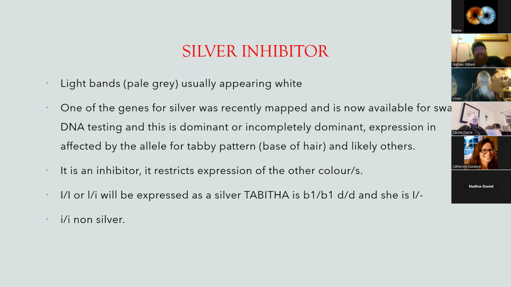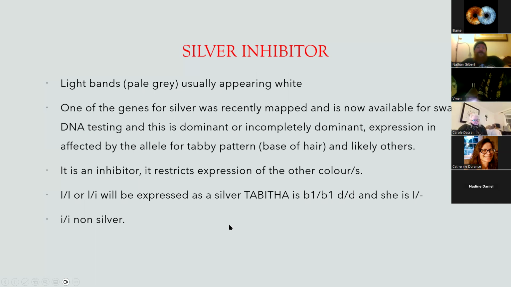And this test may still come back negative because there are still some genes that we haven't mapped yet, that we don't fully understand. We just know this is the main culprit for silver, but it isn't the only one. And there might be some polygene influence as well. So certain colors and patterns will be more inhibited and show the silver more than others. And we'll get to that when we talk about tabbies as well.